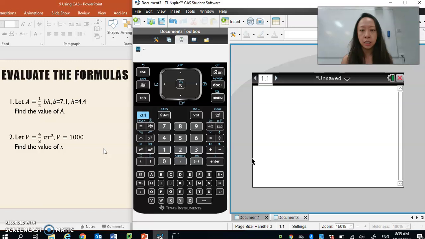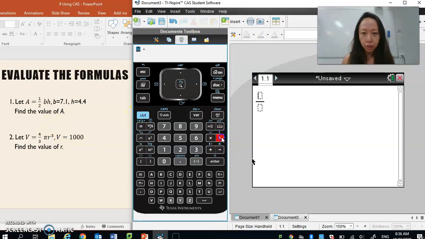Well, the easiest way is we can just key in half times B, and straight away sub in the value of B, which is 7, and sub in the value of H, which is 4.4. And then we press enter. So that's the easiest way to get the answer.